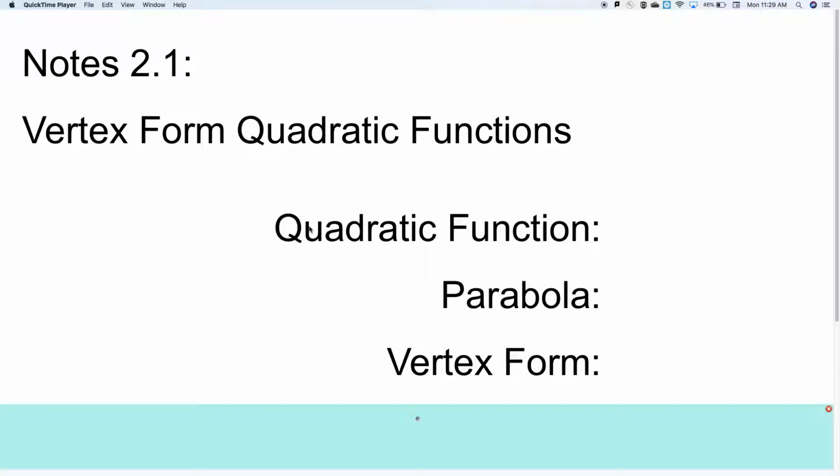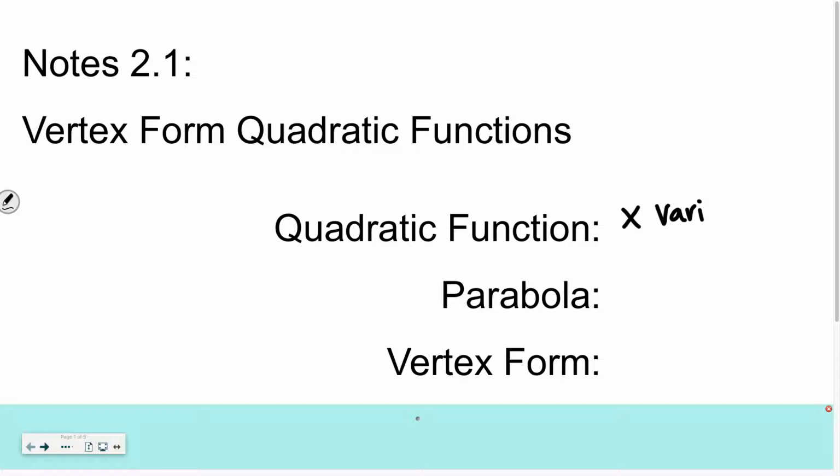So really quick review, what does it mean to be a quadratic function? Well, it's not linear, it's not absolute value, but basically your x has been squared. So that's going to look something like x squared.